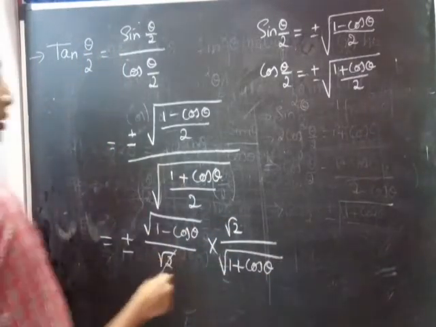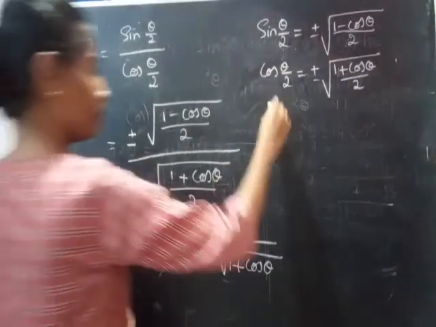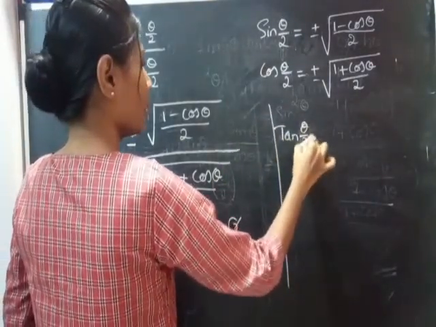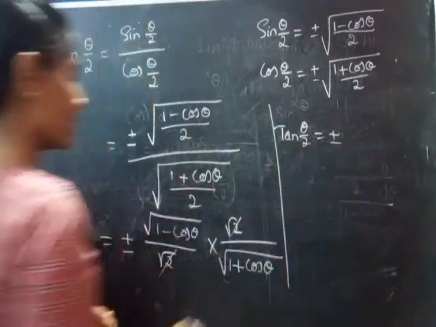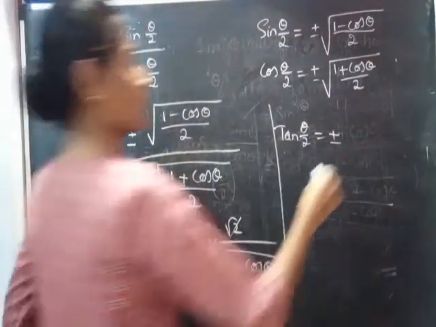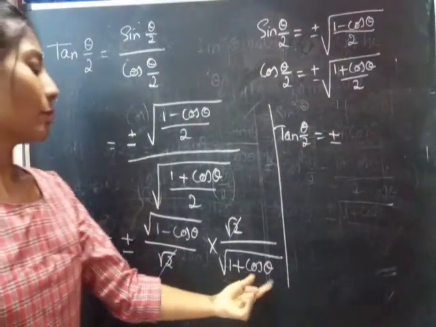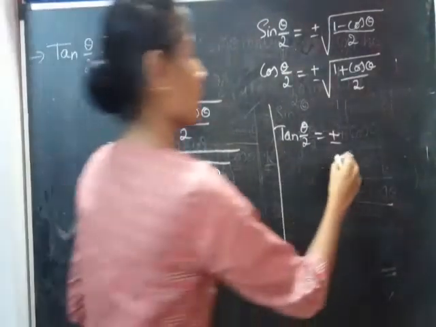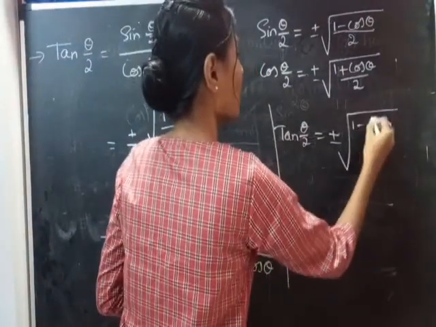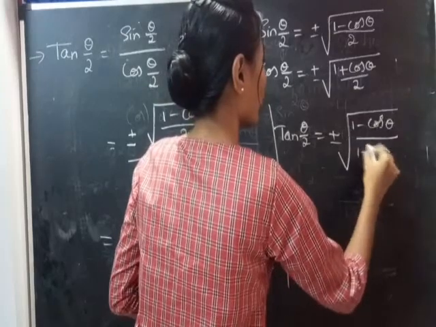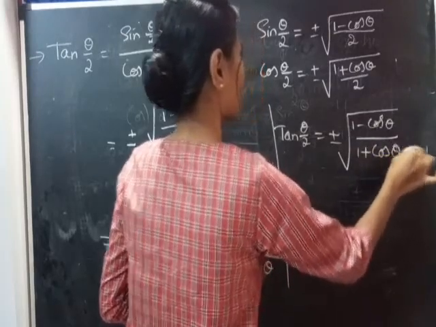So finally you'll get tan theta by 2 is equal to plus or minus root over 1 minus cos theta by root over 1 plus cos theta, which can be written as root over (1 minus cos theta by 1 plus cos theta).